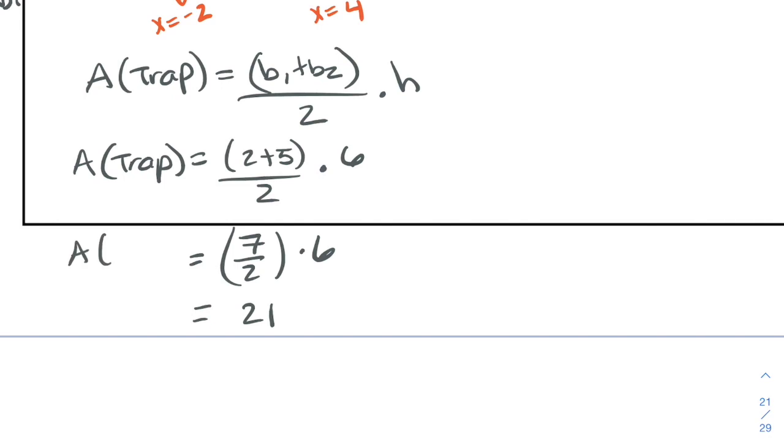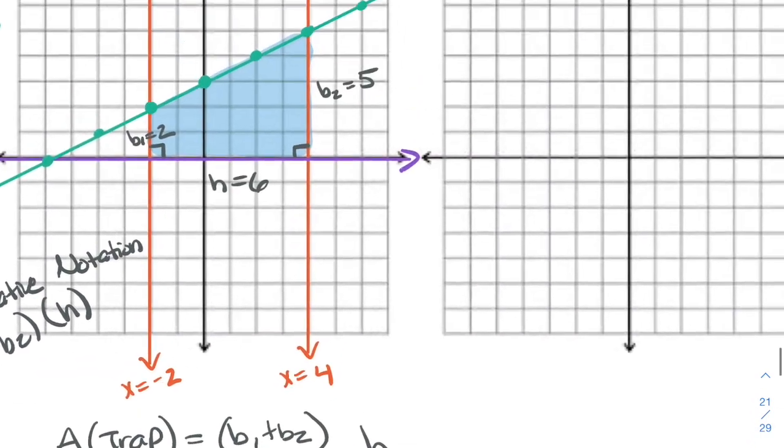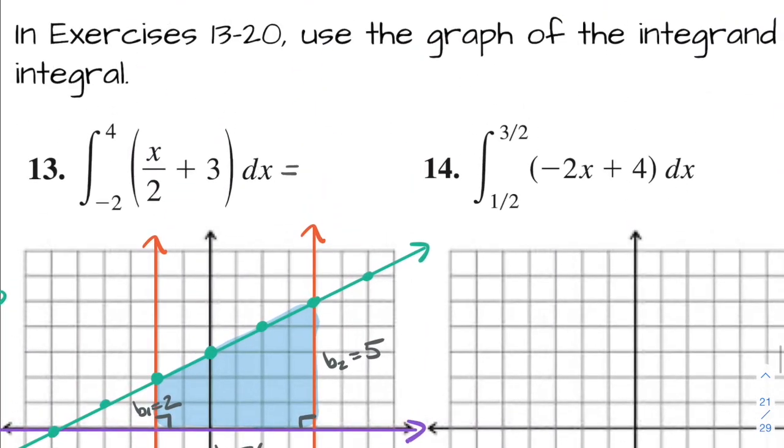So the area of the trapezoid, units squared. So this answer is going to be 21 units squared. Awesome.